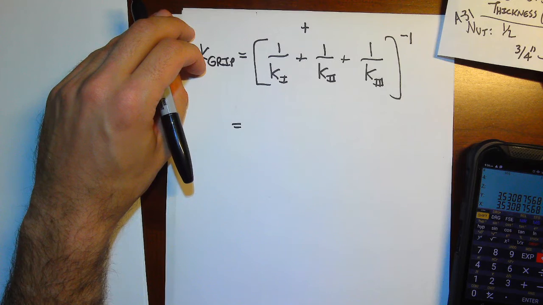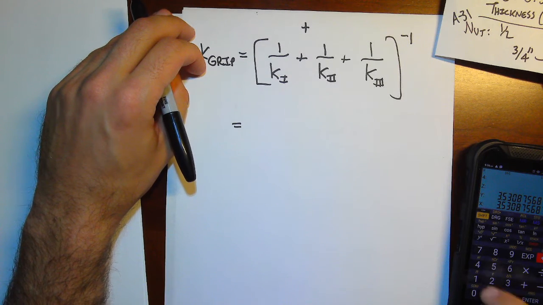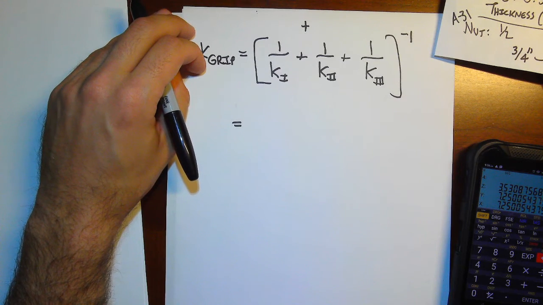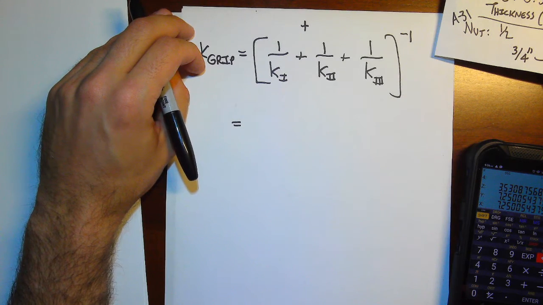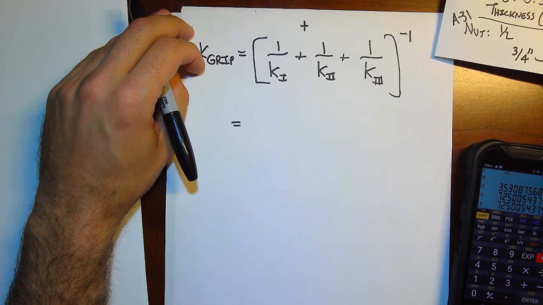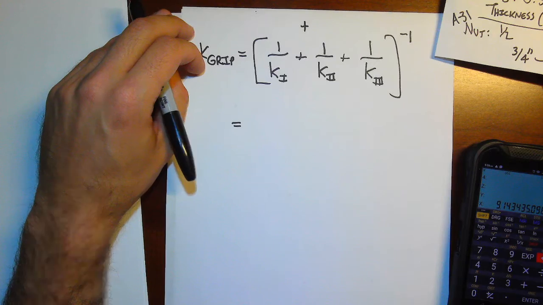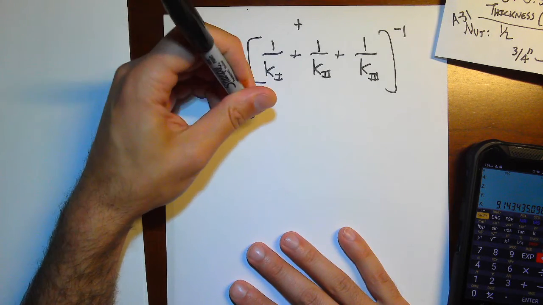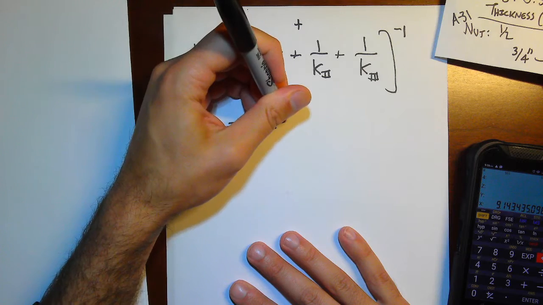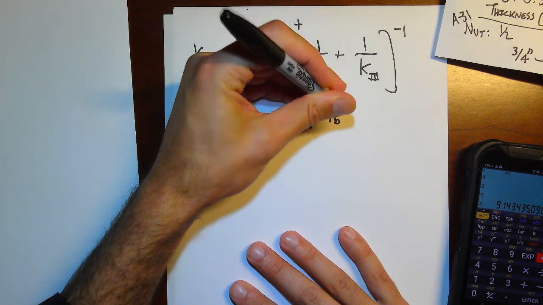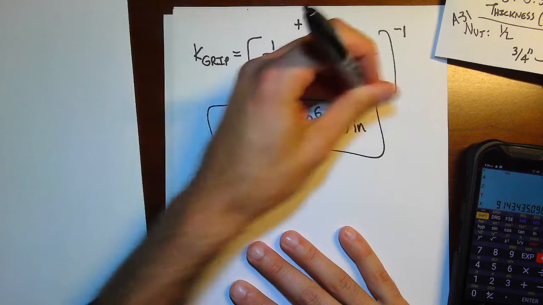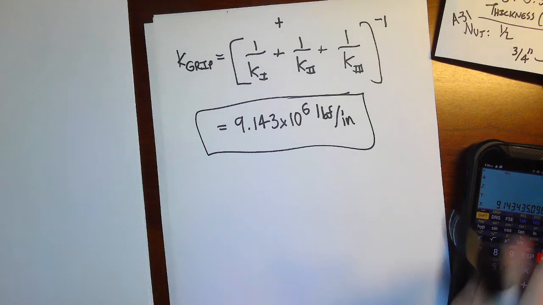Let's see, 283 plus 13.793 times 10 to the 6, reciprocal of that. And then where's my last one here? K1, that was K2, K3 was 29.997 times 10 to the 6. Okay, add all those, and then take the reciprocal of that. That means the stiffness of the whole grip is 9.143 times 10 to the 6 pounds per inch. And that is that.